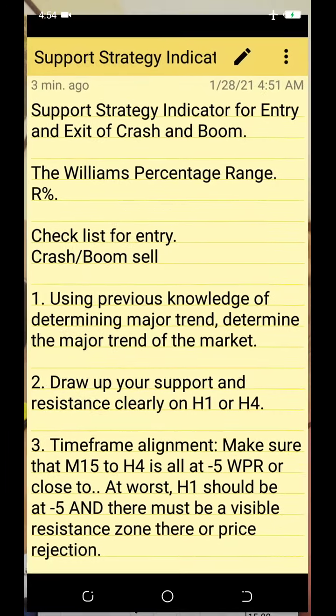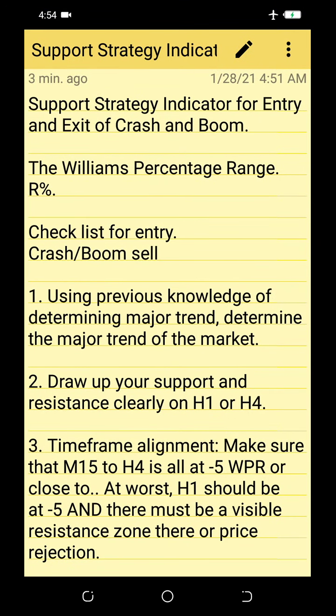I want to talk about a support indicator for entry and exit of Crash and Boom. Very clear. The indicator in question is the Williams Percent Range. Let me say this emphatically: this Williams Percent Range does not work in isolation.